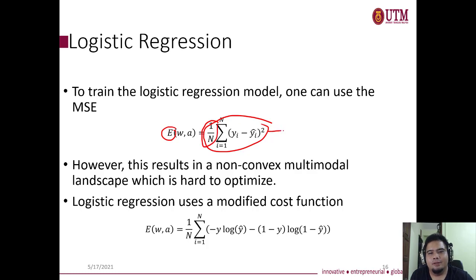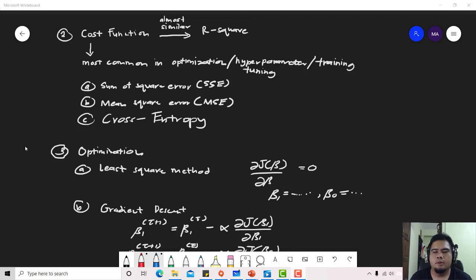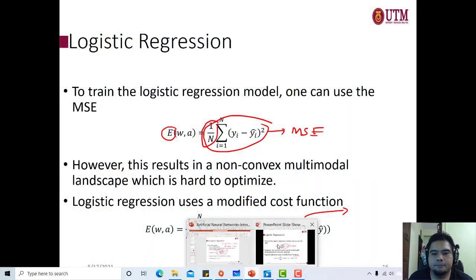But like I mentioned previously, because logistic regression is a classification model, instead of using MSE you can also use this cost function. This is known as the one that I mentioned before, which is the cross entropy. But I don't want to discuss that one in detail.